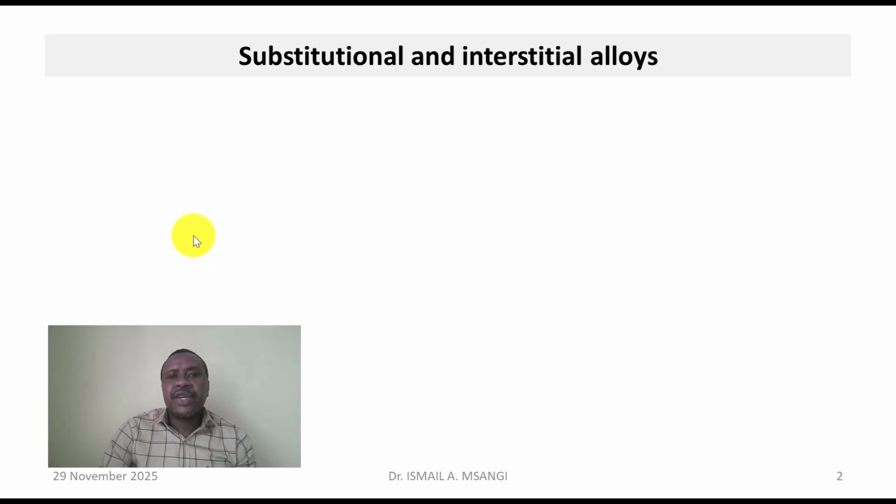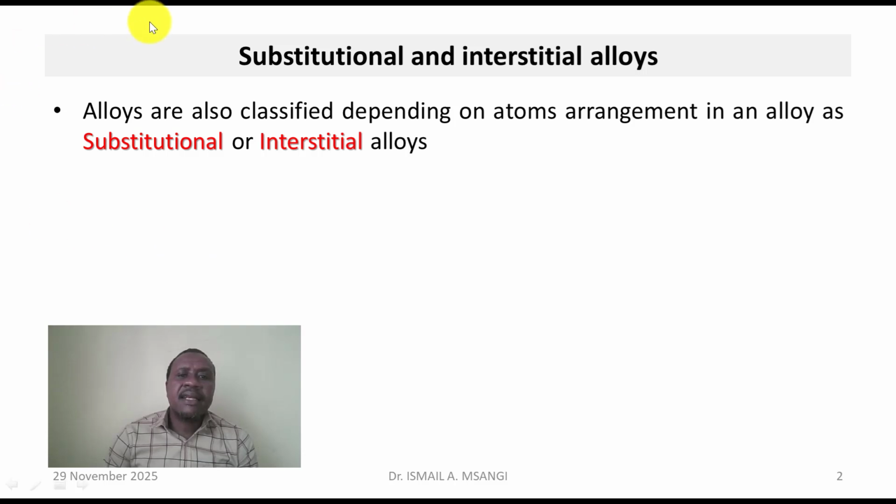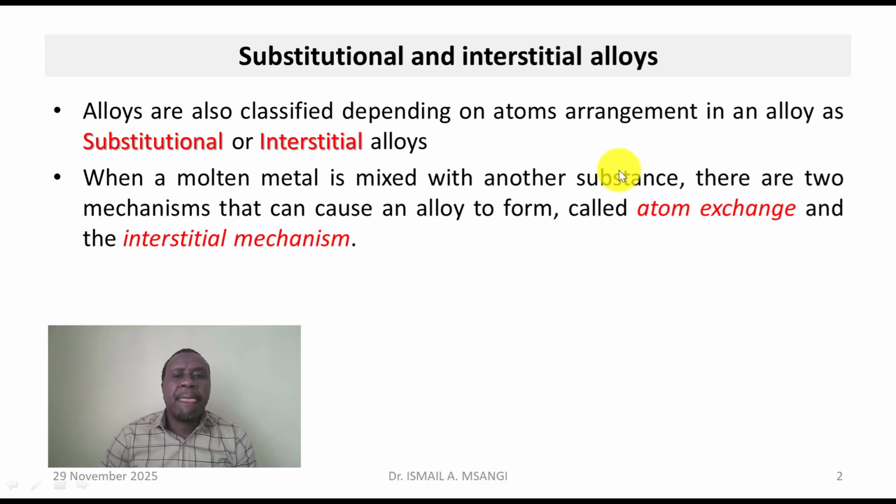Starting with substitution and the interstitial alloys, these are classes of alloys depending on the atom's arrangement in a crystal lattice. When we mix two or more metals together, we expect two different kinds of mechanism to happen depending on the size of the atoms.